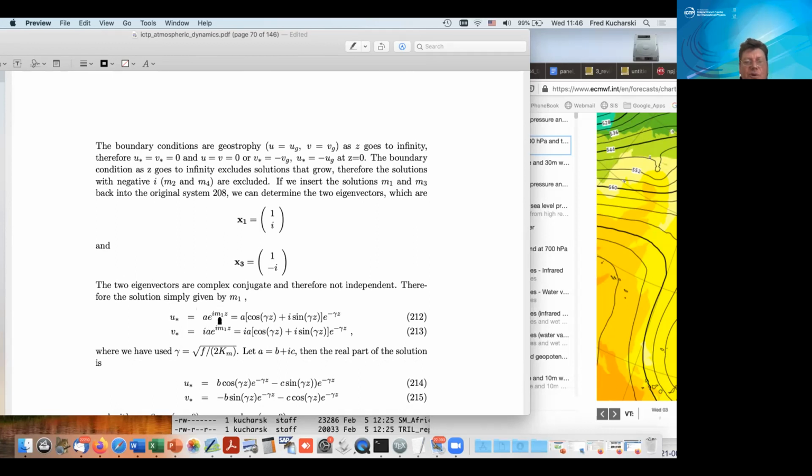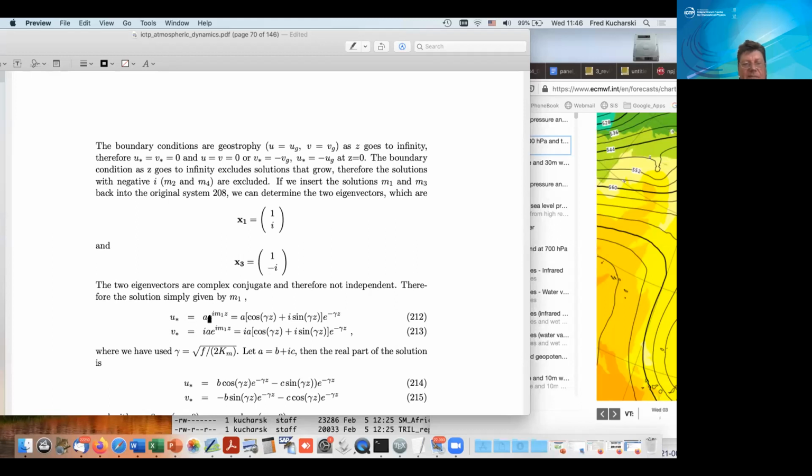So our solutions look now so, M1 would be M1. So our U star and our V star, which is the deviation from the geostrophic wind, the solutions look like taking this 1 and i, A times e to the power of i M1 Z.